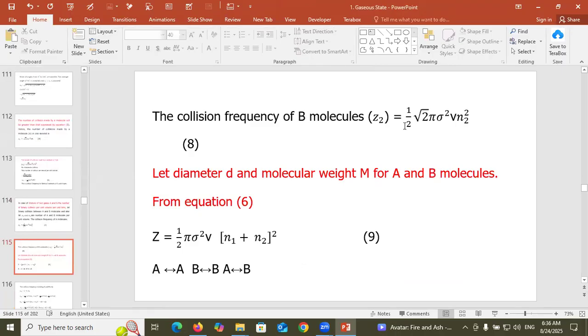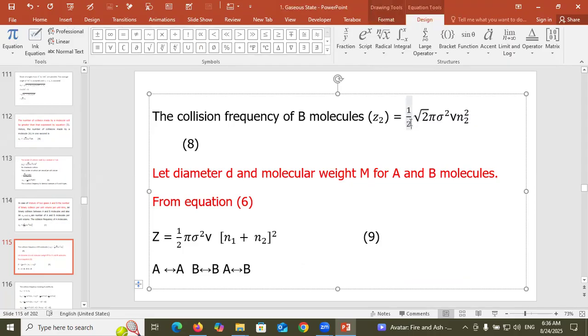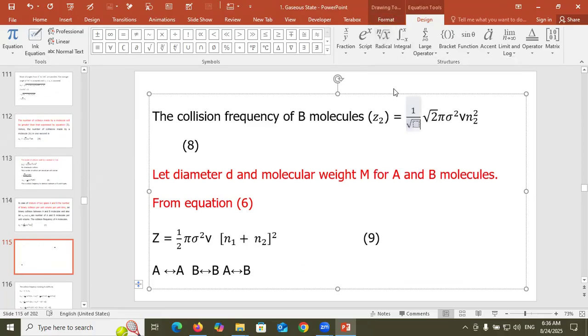The collision frequency of B similarly becomes Z2 equals 1 over root 2 pi sigma squared v n2 squared.